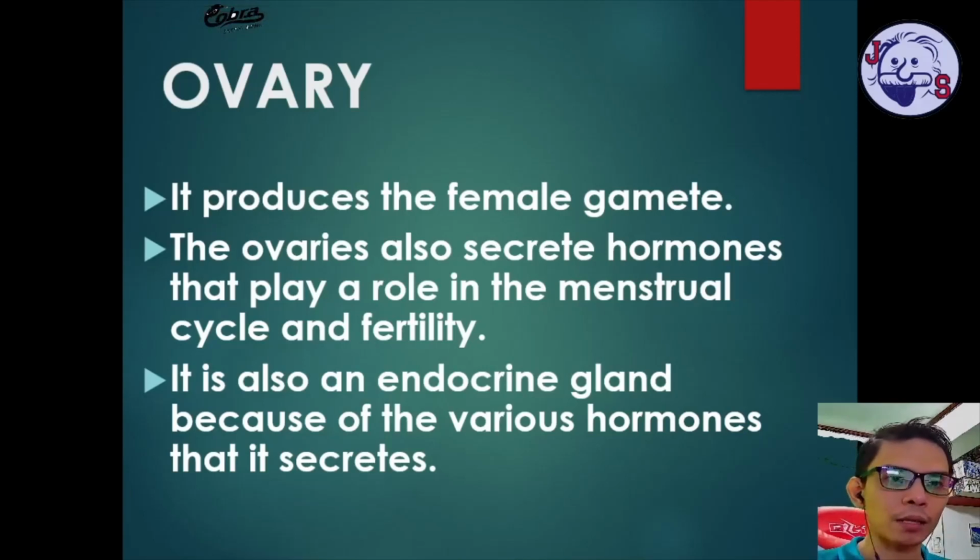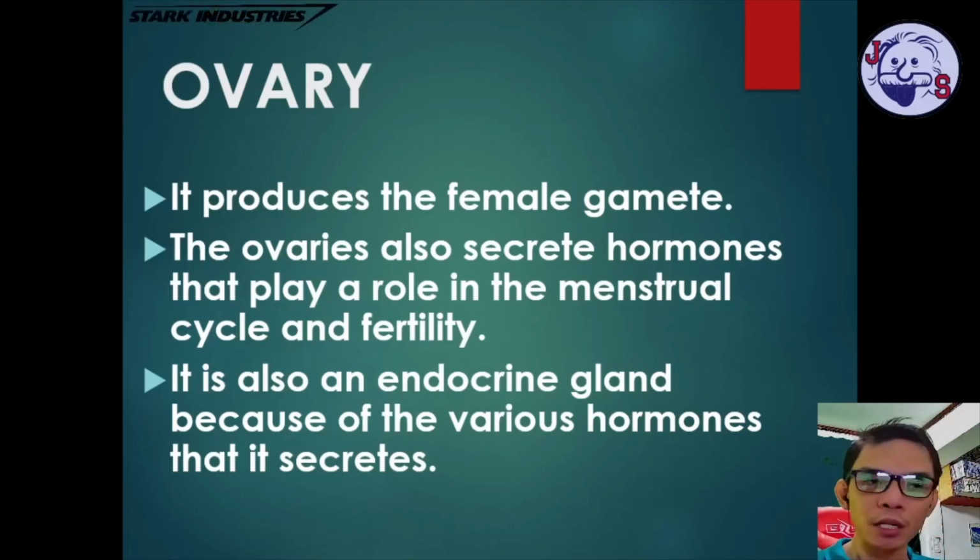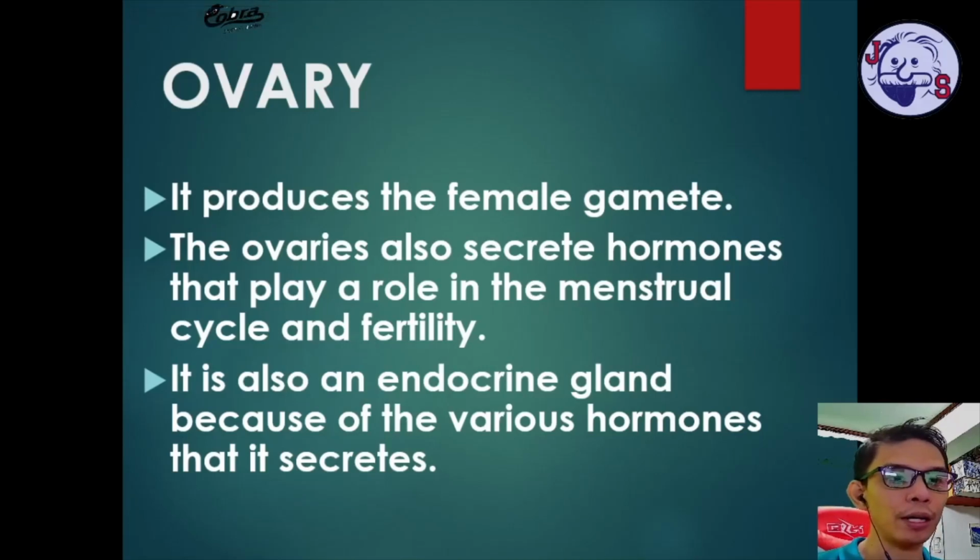But if you are wondering what will happen to you if you remove your ovary, for example because of a disease, it will not affect your life. You will still be able to live, even though you don't have any ovary at all.